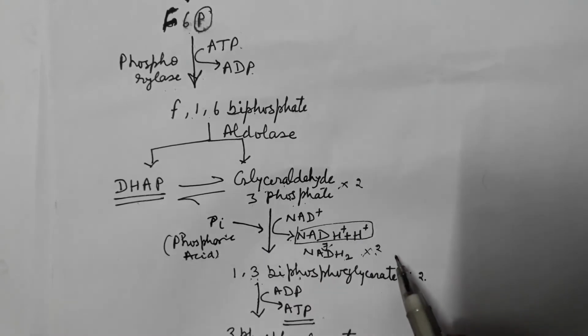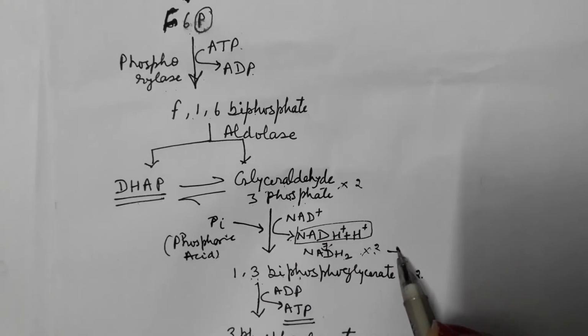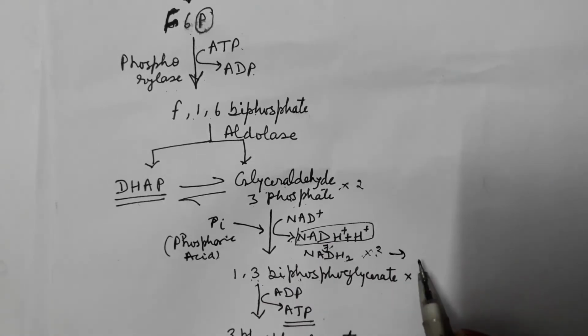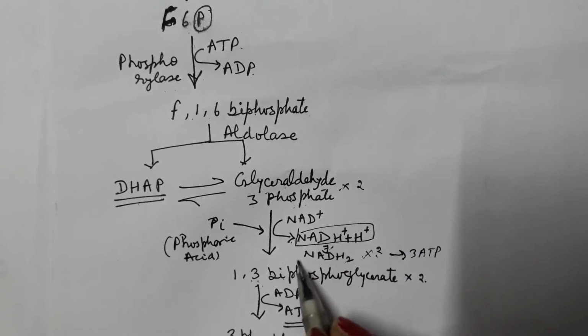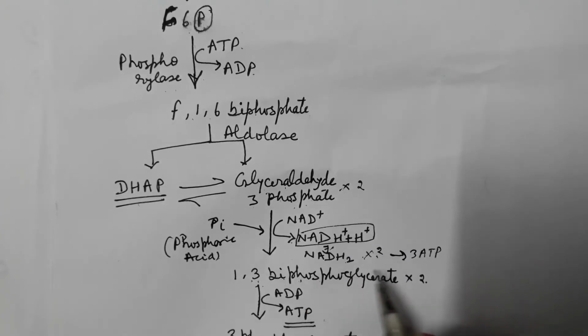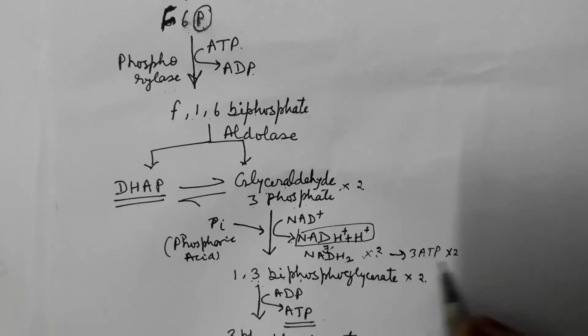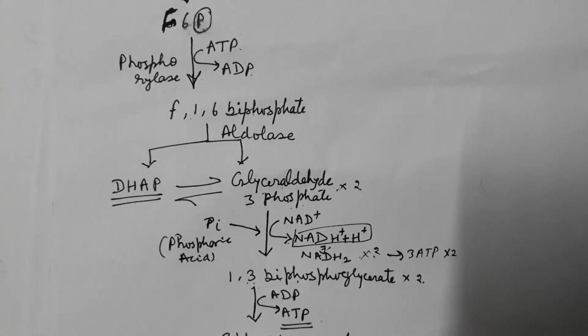Later on, each NADH2 molecule gives us 3 ATP. Because 2 NADH2 molecules are produced here, a net gain of 6 ATP takes place in this step at the end of aerobic respiration, or the last step of aerobic respiration.